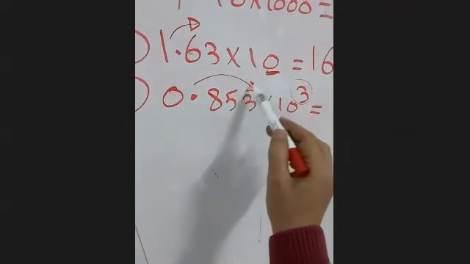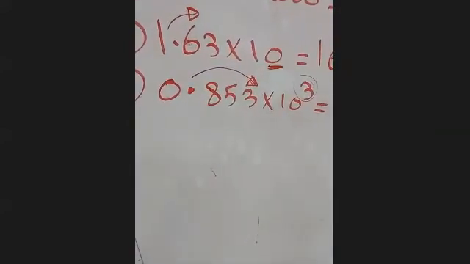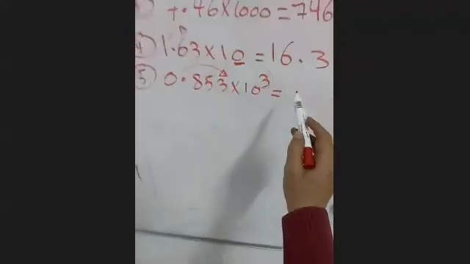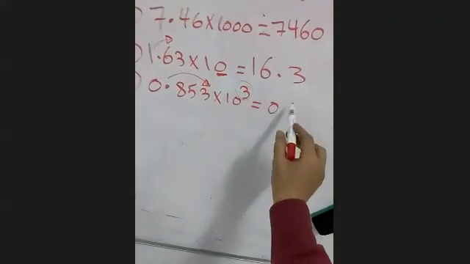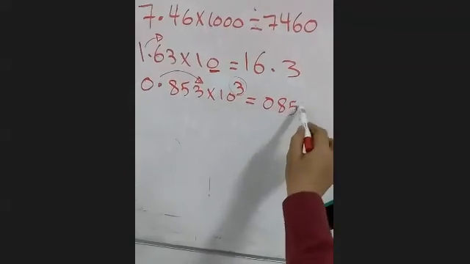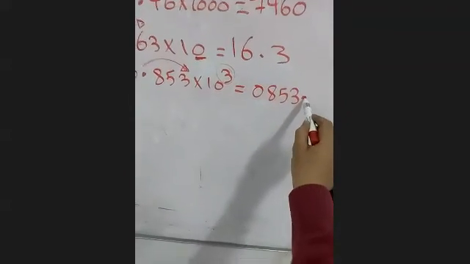We will put it after the 3 and it will be 853 decimal 0.